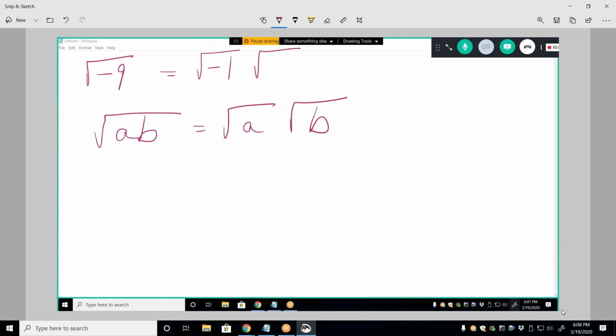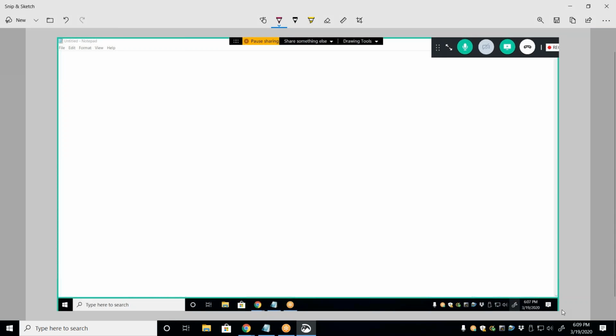What's that leave? 9, right? Just 9, yep. The root of -1 is i. What's the root of 9? 3. So that is 3i. That's how you do it. In other words, always take the -1 out first. That is correct.